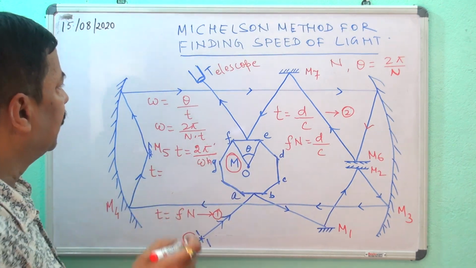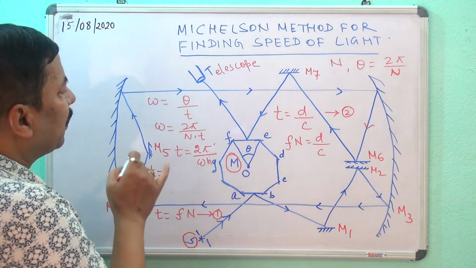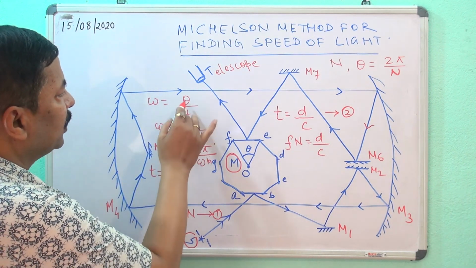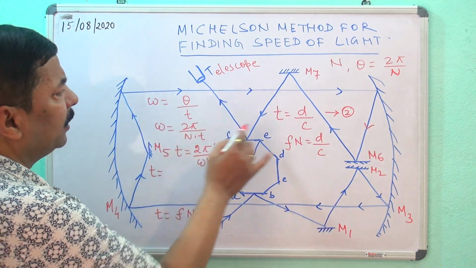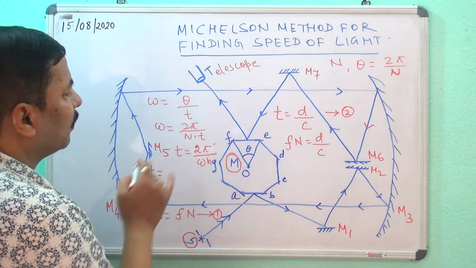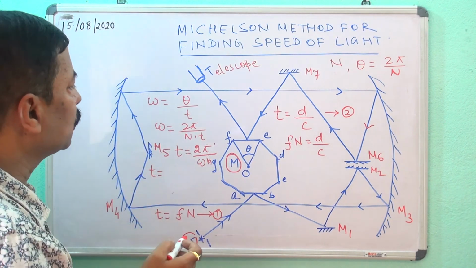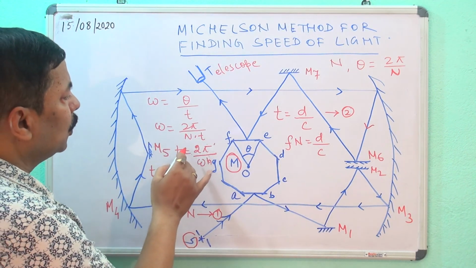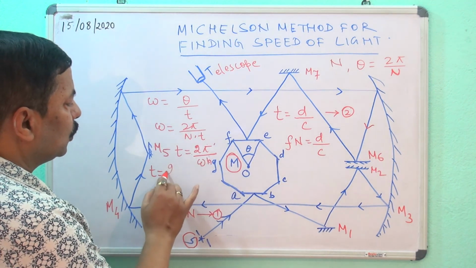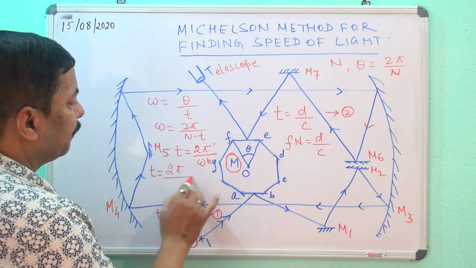Here, omega is equal to theta by t, and theta is 2 pi by n, which we have calculated, so omega is 2 pi by n t. So t is equal to 2 pi by omega n.